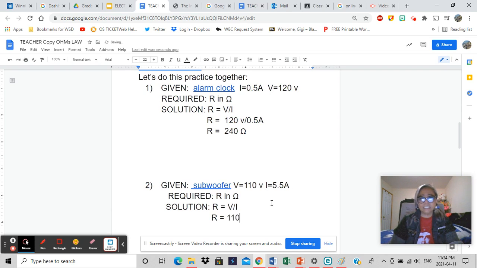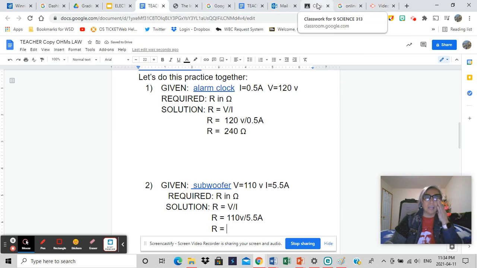It is 110 volts divided by, what's our I here? I is 5.5 A.